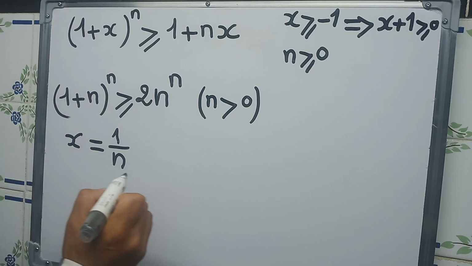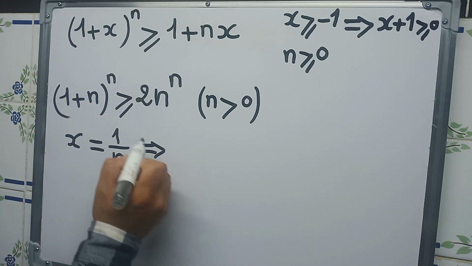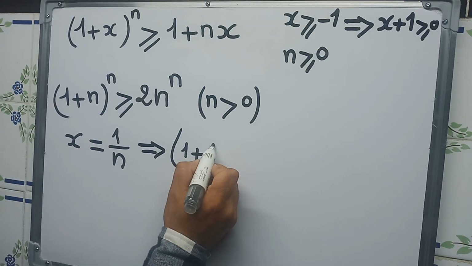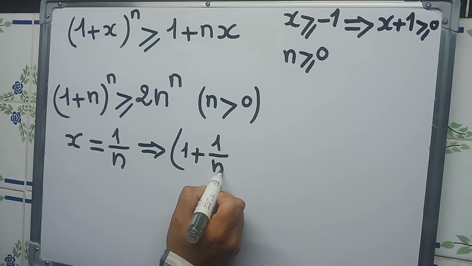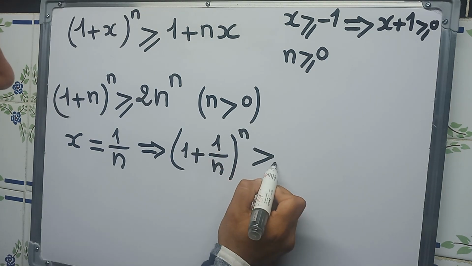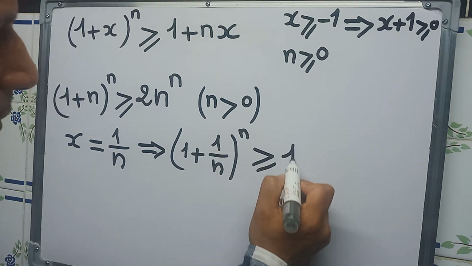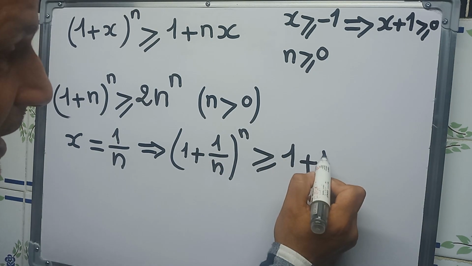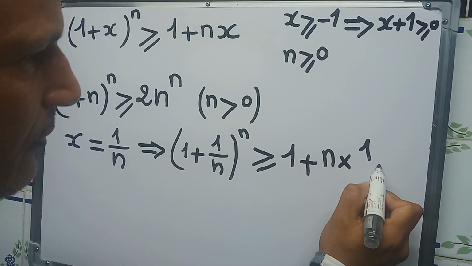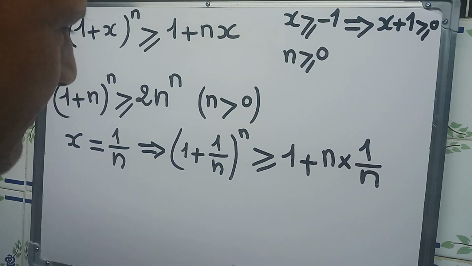And we will have (1 + 1/n), which is x, to the power of n is greater than or equal to 1 plus nx, n times x, which is 1 over n.